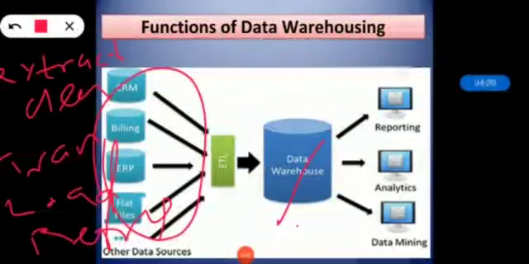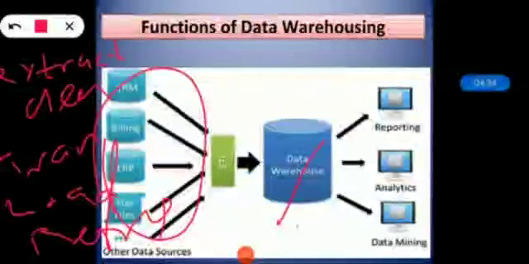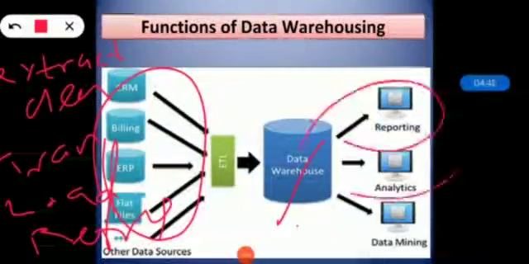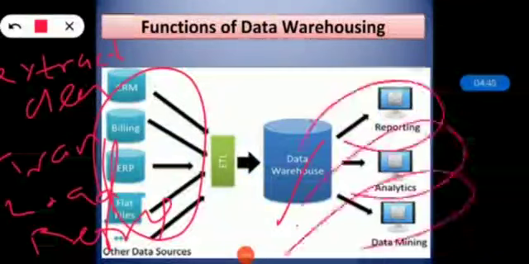The structuring data increases the query performance and decreases the cost. The data contained in data warehouse must be transformed to support performance requirements and control ongoing operational costs, because from that data warehouse we are getting the reports, analytic reports, and applying the data mining algorithms.